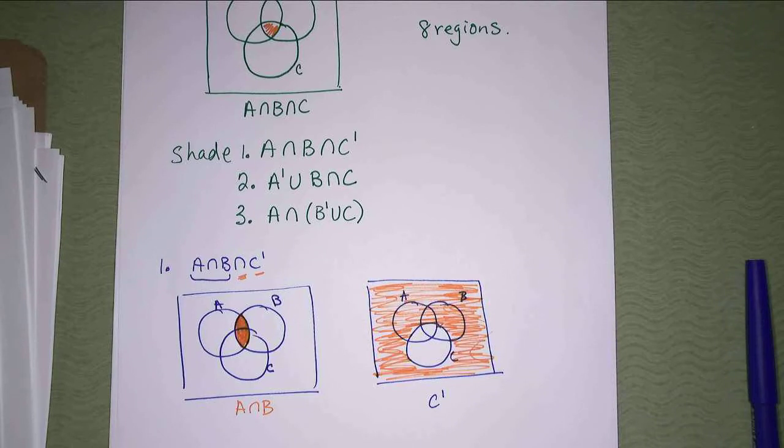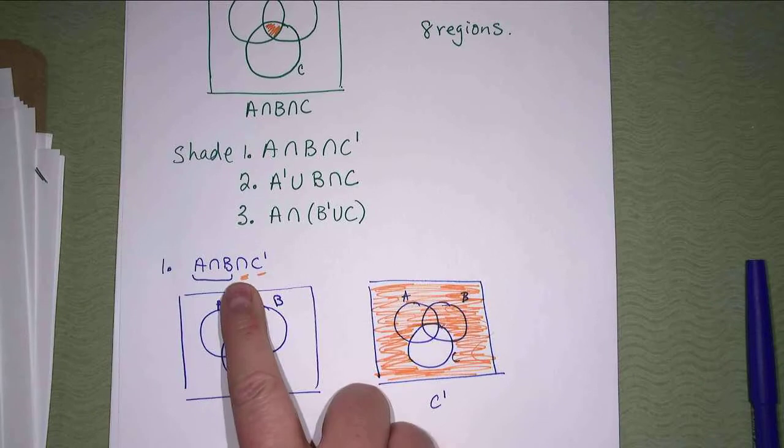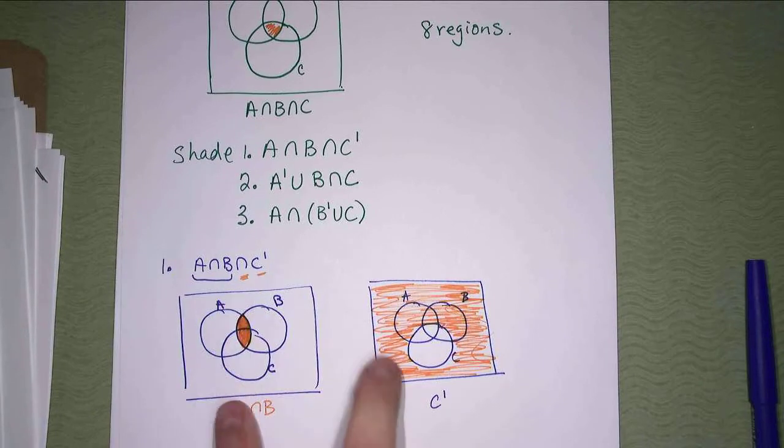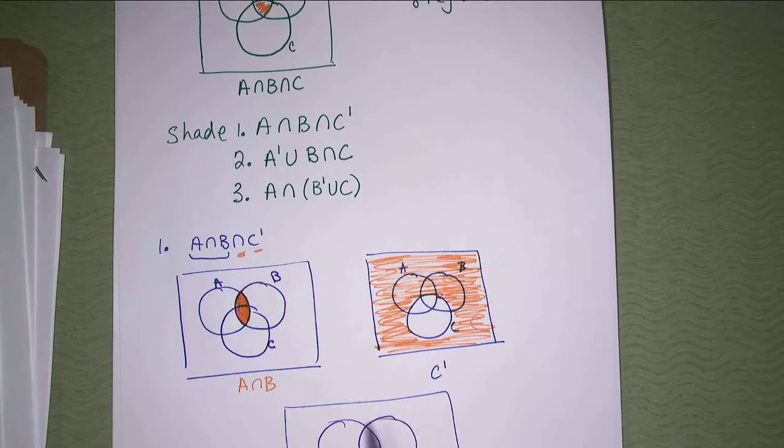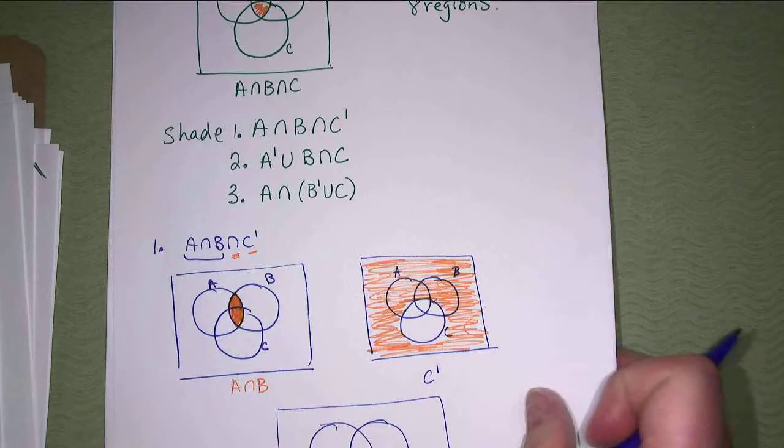Okay, so what do we want to do with these two drawings? We want to intersection them, so we're looking for where they overlap, where both of them are colored. So where's both of them colored? Oh, this I need to adjust.